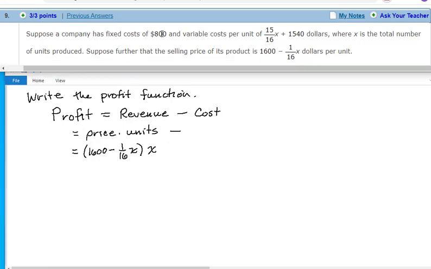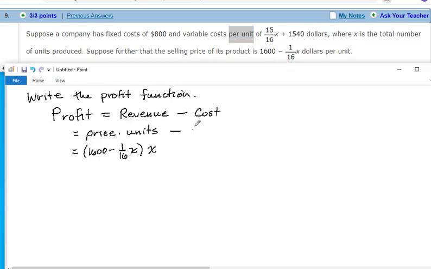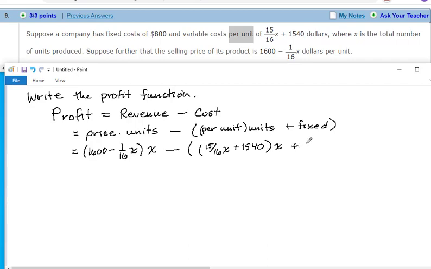No, we're given fixed costs and variable costs per unit. Okay, so cost is going to be per unit variable cost times the number of units, and then we have to add on the fixed costs. So revenue take away variable cost per unit, that's 15/16 x plus 1540 times the number of units, and then add on the fixed costs of $800.